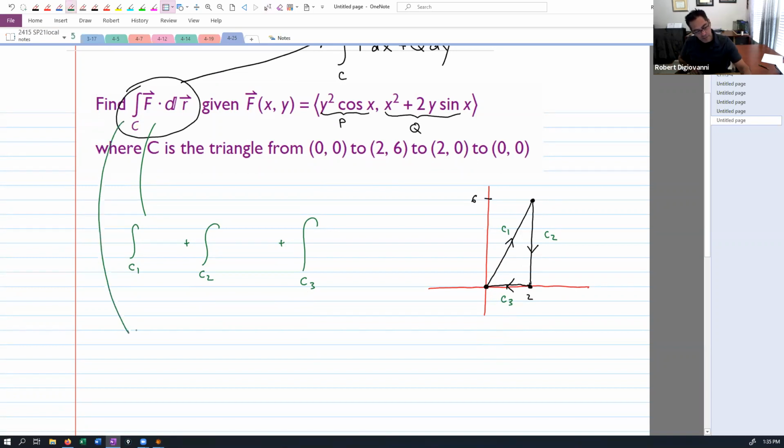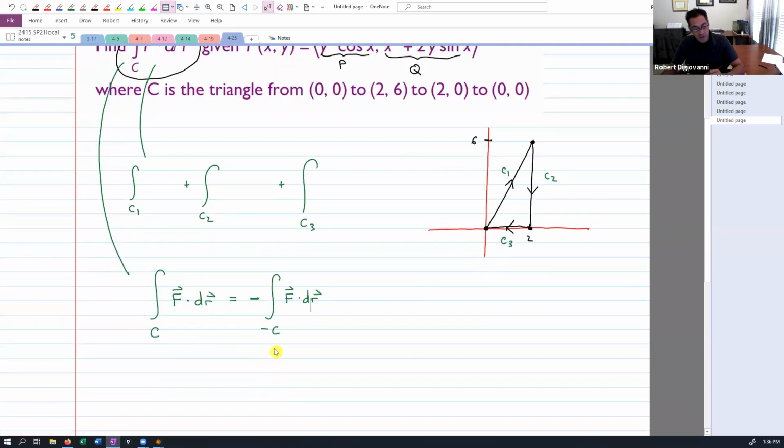This integral over C of f dr, I'm going to say that's equal to the negative of that over negative C of f dr. And see, the thing is, if you take the opposite direction, you just get a negative.